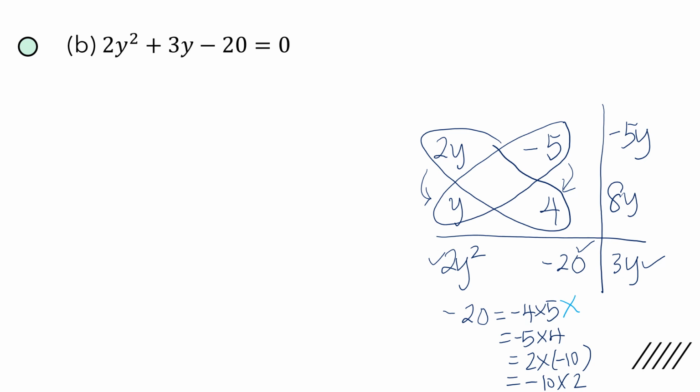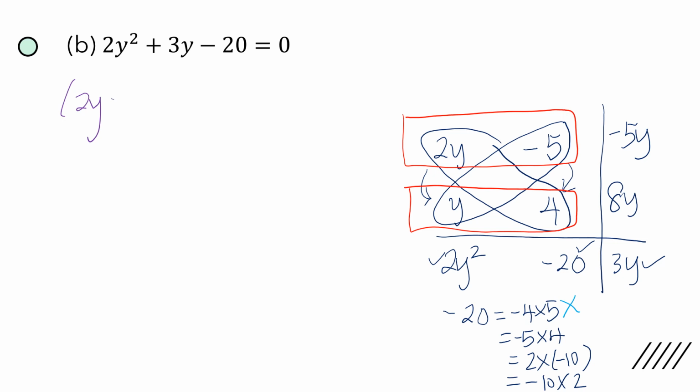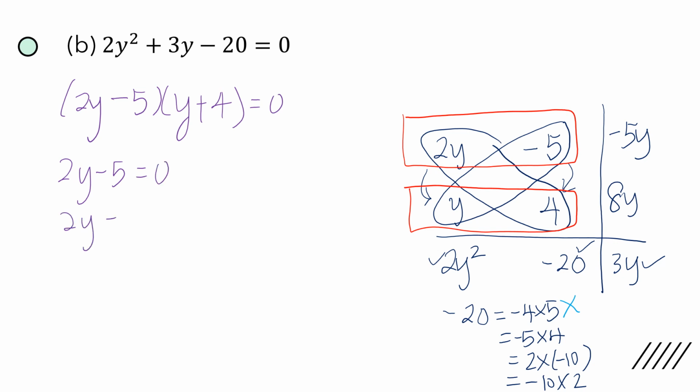So the two linear factors are this guy here. This is your first linear factor, horizontally. This is your second linear factor. So your first linear factor will be 2y minus 5. Second linear factor will be y plus 4. Then equals to 0 because you're solving an equation. So 2y minus 5 equals 0, which gives you 2y equals 5.